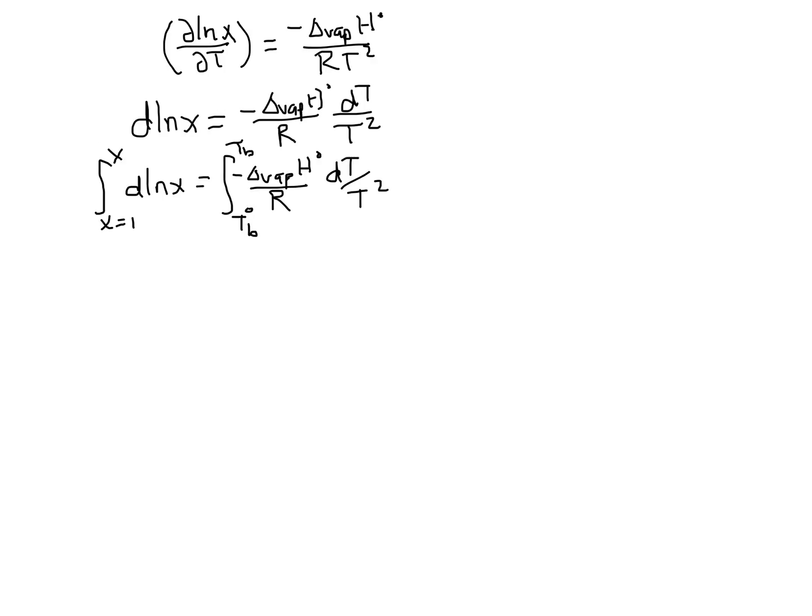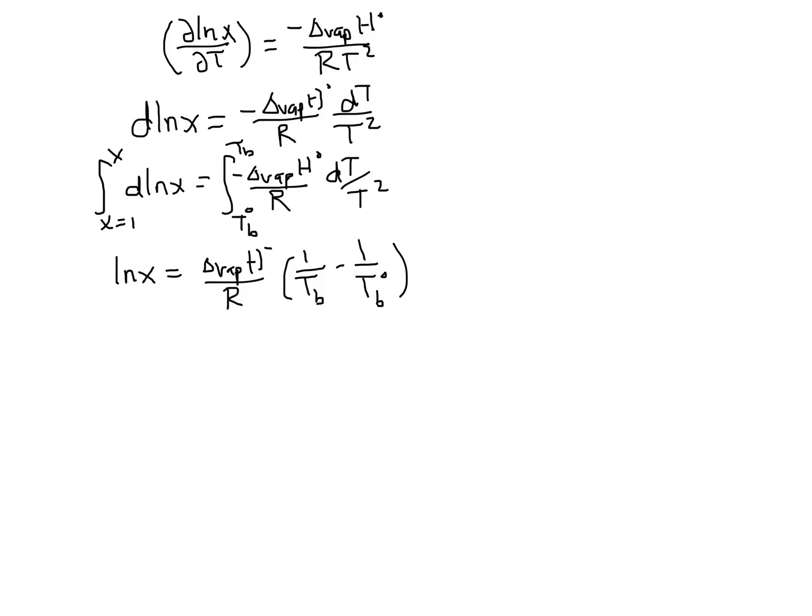Integrating both sides gives me that the natural log of x is equal to delta H of vaporization for my pure solvent divided by R times 1 over the boiling point of my mixture minus 1 over the normal boiling point for my pure solvent.